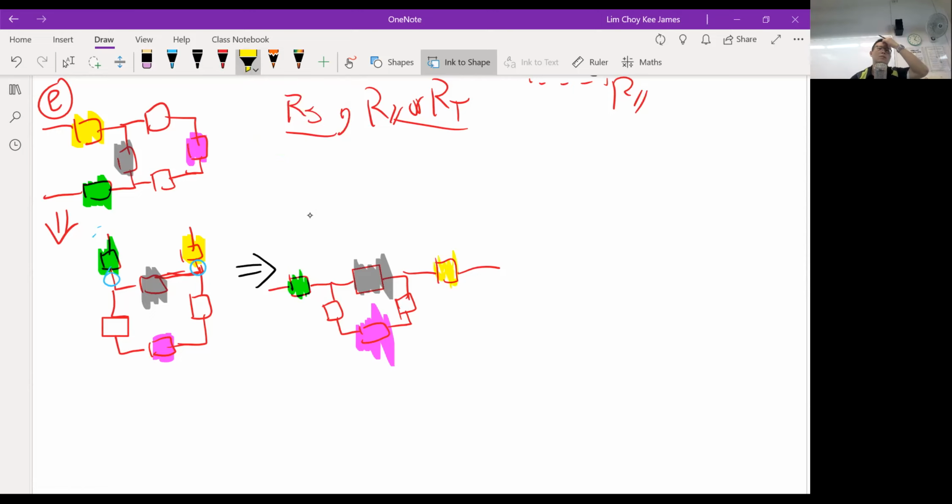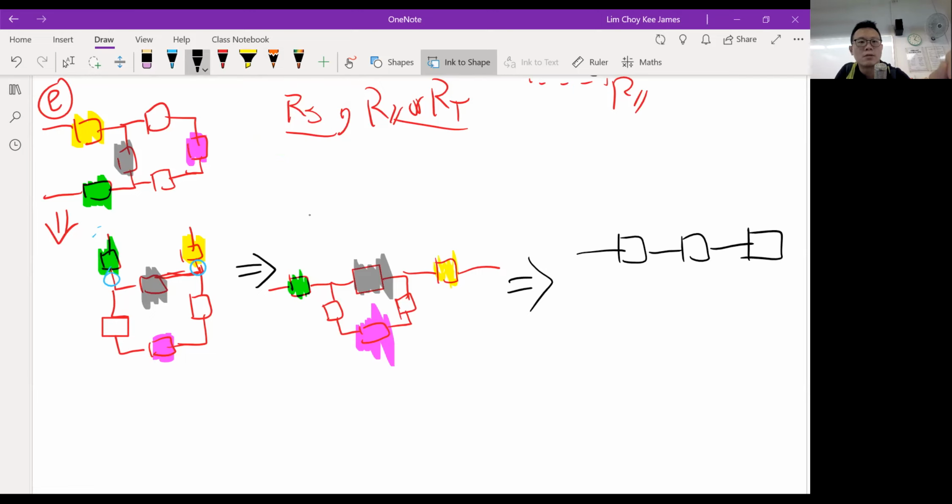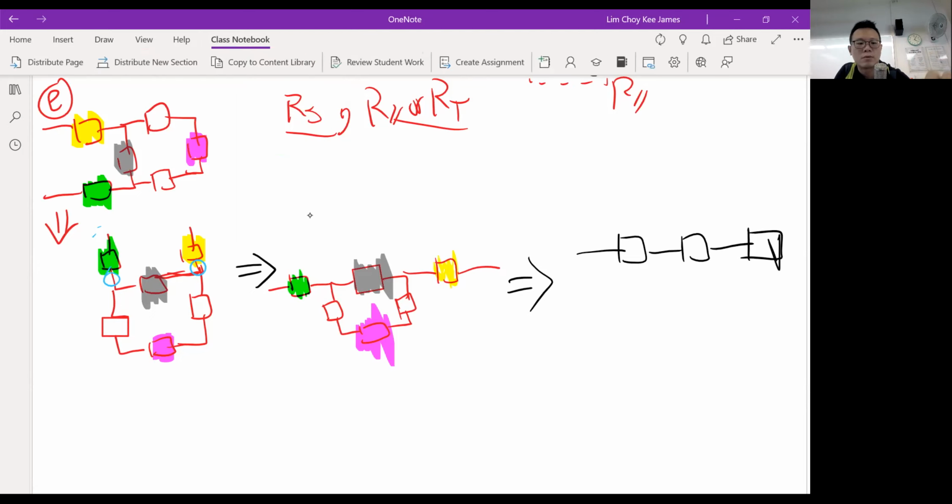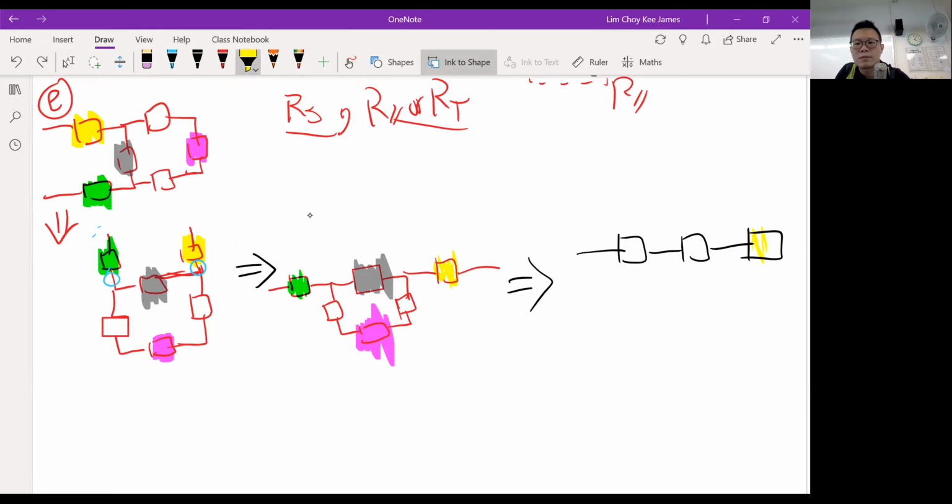If you are still not sure of the arrangement, then don't worry, you go one step further. Now I'll keep the top branch arranged out nicely. So this is the yellow guy.